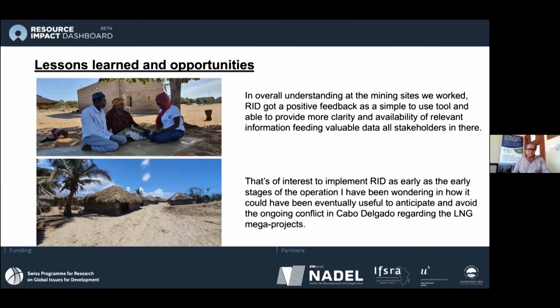It's of interest to implement RID, as I said before, in the early stages of the operations. And I've been wondering if it could be possible to use the RID in Cabo Delgado. How could we probably anticipate and avoid the ongoing conflict now there regarding the LNG mega projects?